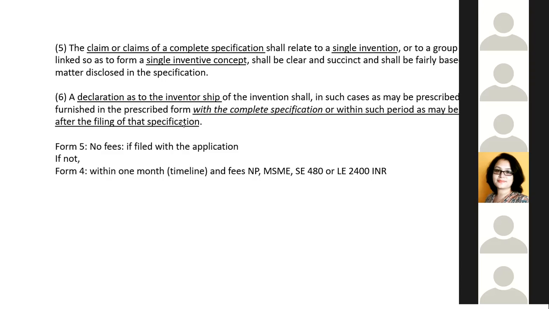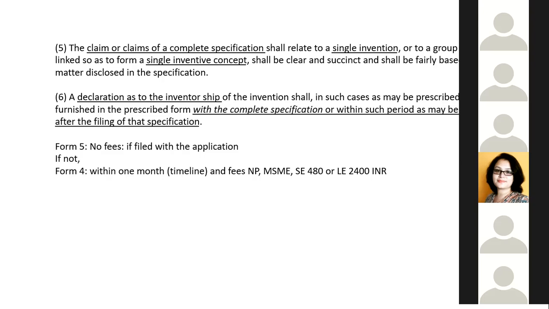Now, coming towards the claims, the claim or claims of the complete specification shall relate to a single invention or a group of inventions linked so as to form a single inventive concept, shall be clear and succinct and shall be fairly based on the matter disclosed in the specification. मतलब single inventive concept होना चाहिए और it is related to a single invention.